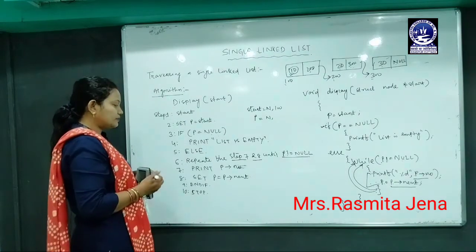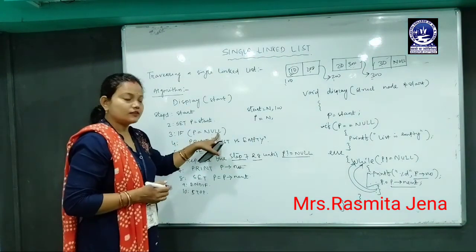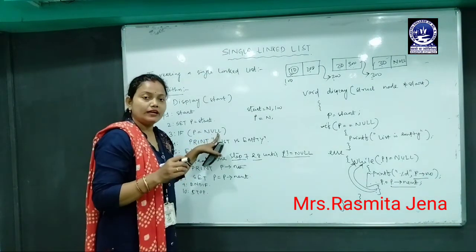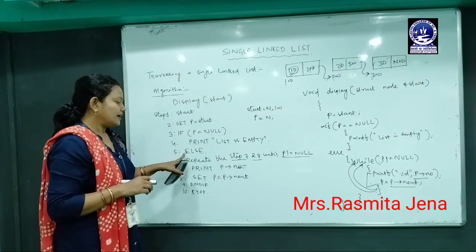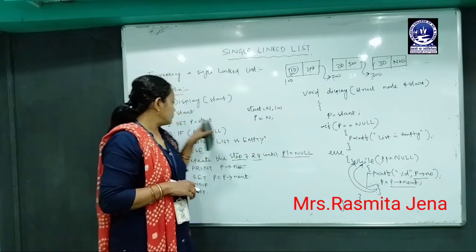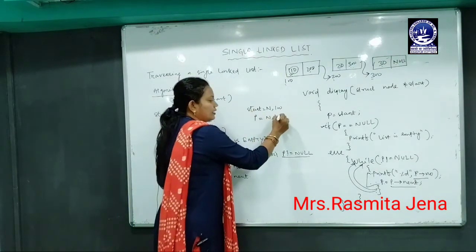That means when this condition is false, the list contains at least one node, and we will traverse that node. Then go for the else part. In the else part, we will check whether it is true or false. As we are assigning the start value to P, P becomes 100.